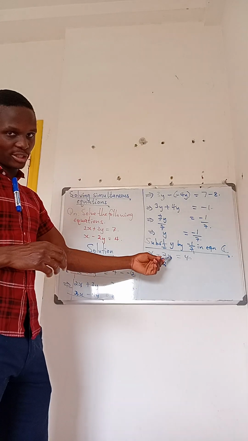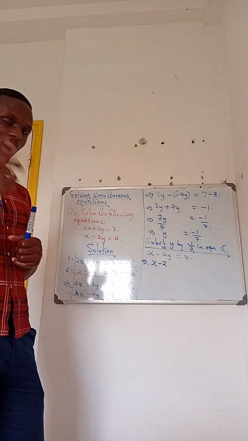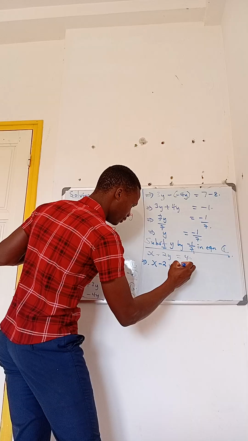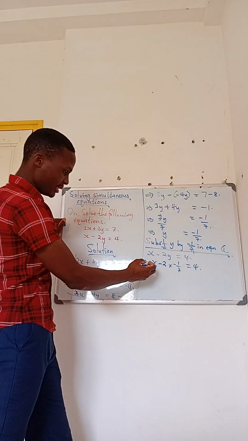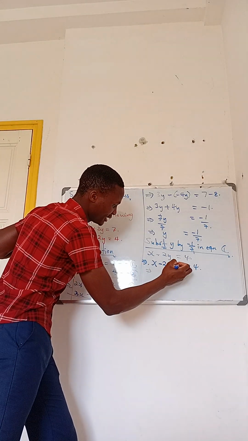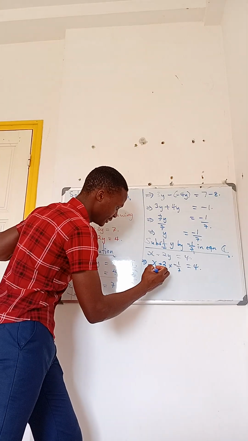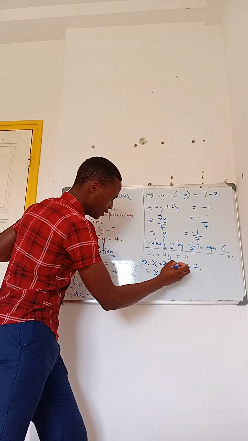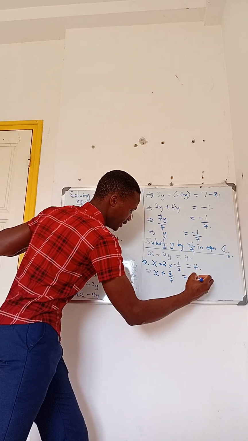So the value 2 is multiplying with the value y. So our value of y is negative 1 over 7, which is equal to 4. Then we simplify. Minus 2 times negative, minus and minus we get plus. So it's x plus 2 over 7, which is equal to 4.